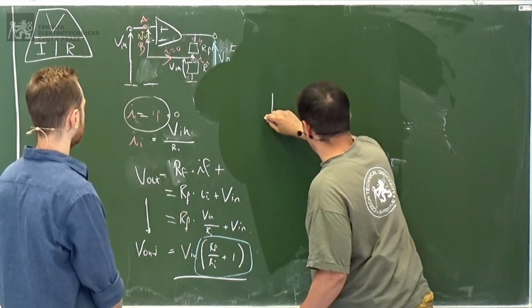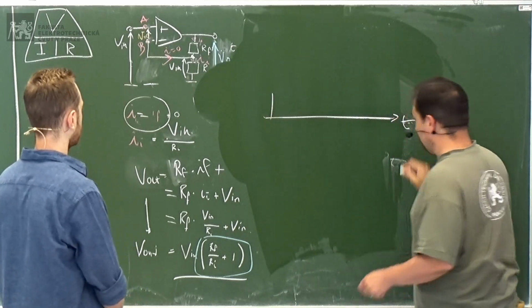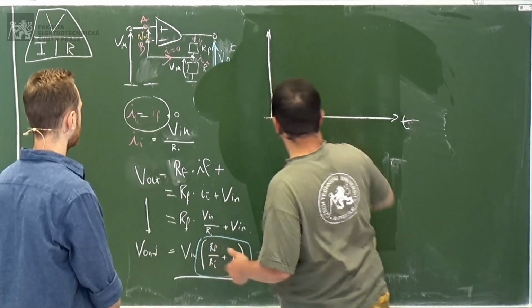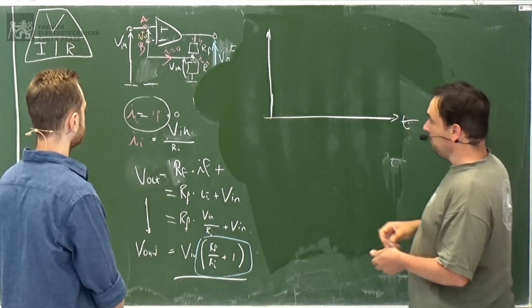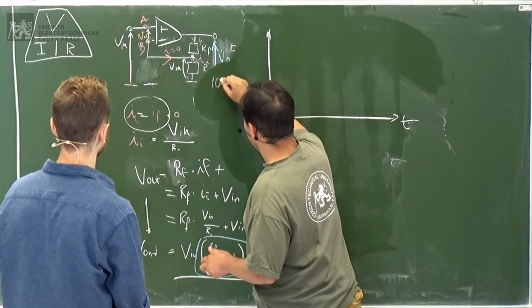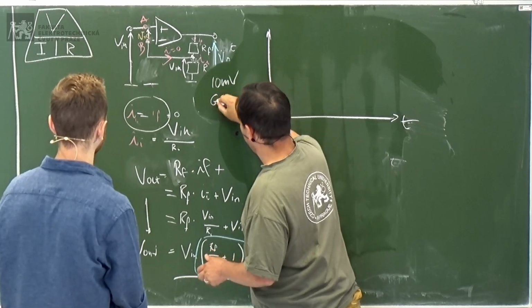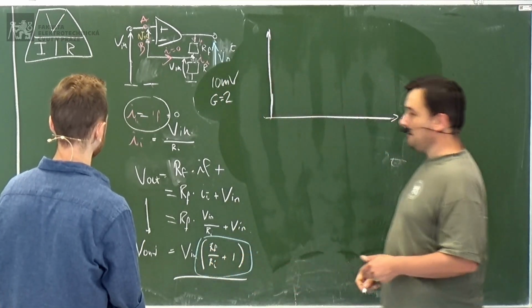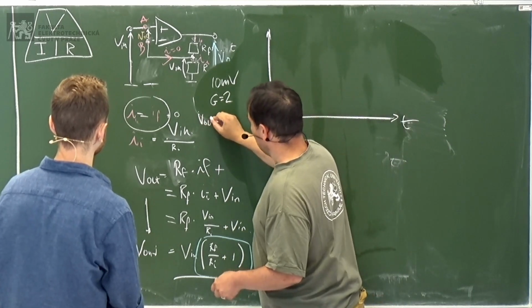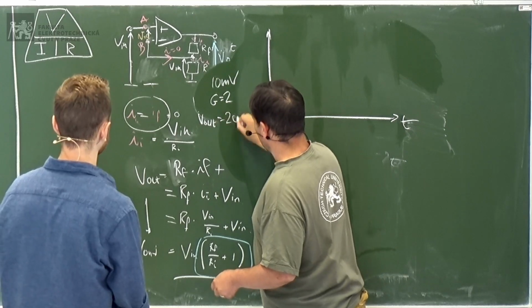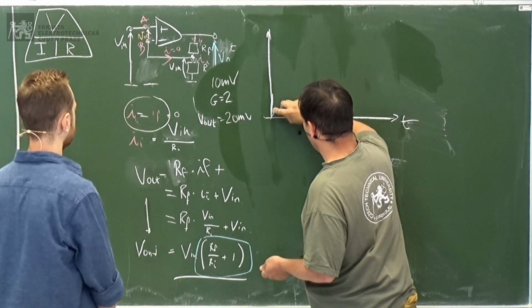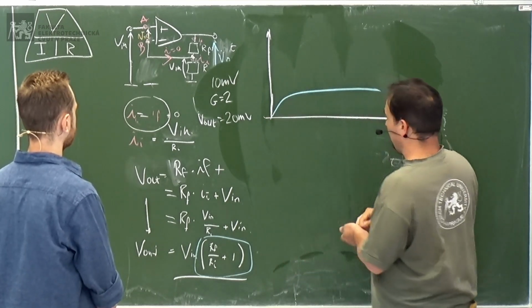Now I will draw only the output voltage. We apply 10 millivolts at the input, and the gain is 2, so the output voltage will be 20 millivolts.